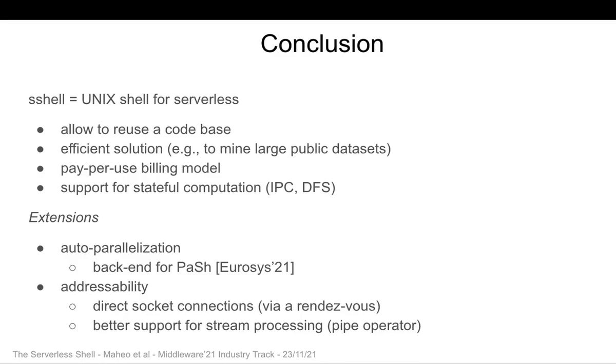We intend to add a backend to this work to produce a version using the file system, and another version using socket communications. Also, we want to address other system mechanisms like direct socket connection or implement pipe operators in order to support stream processing.